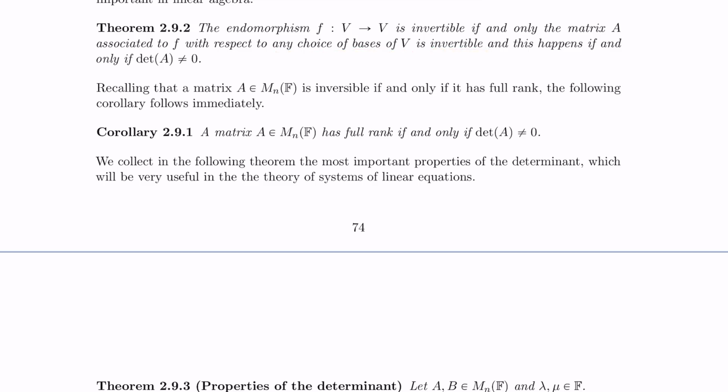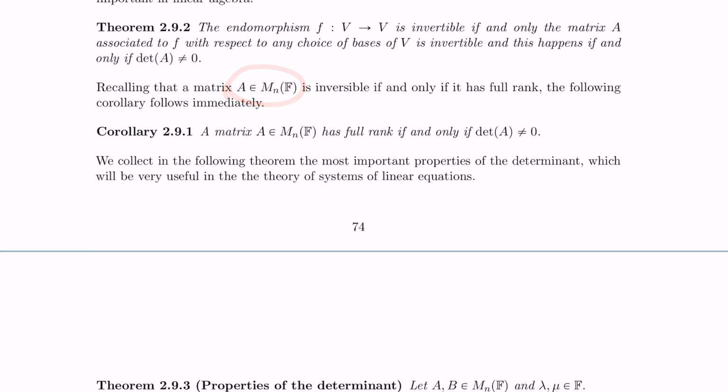The theorem says that this happens if and only if the determinant of A is different than 0. Since square matrices are invertible if and only if they are full rank, from the previous theorem it follows that a square matrix is full rank if and only if its determinant is different than 0.